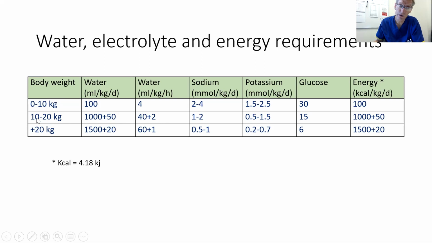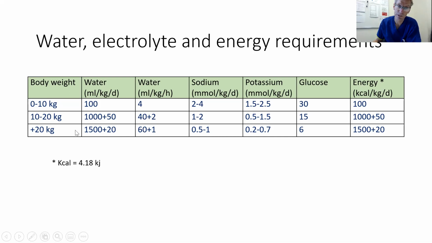If a child weighs over 20 kilos, then it's 1,500 mils, this total here for 20 kilos, plus 20 mils per kilo for every kilogram above 20 kilograms. And the same with the 4-2-1 rule. It's 1 mil per kilo for every kilogram above 20. So it's 40 plus 20 plus whatever the number of mils is above that.